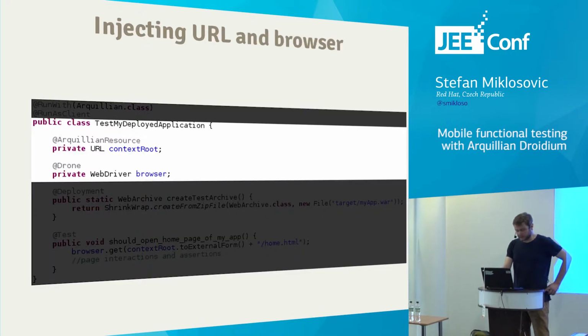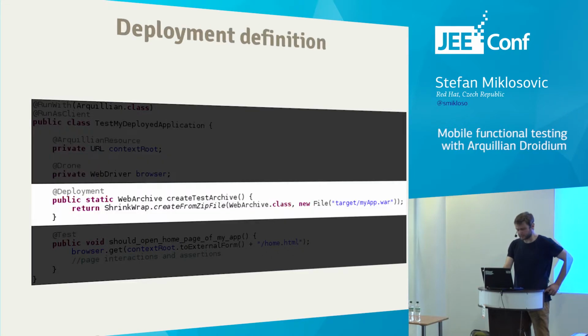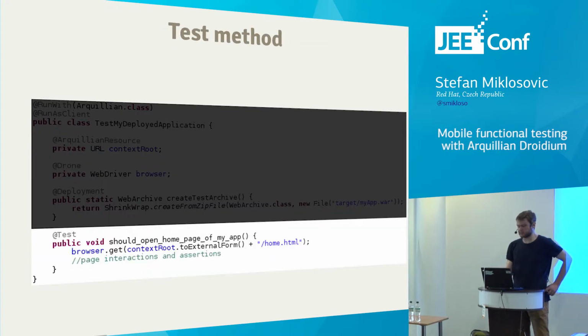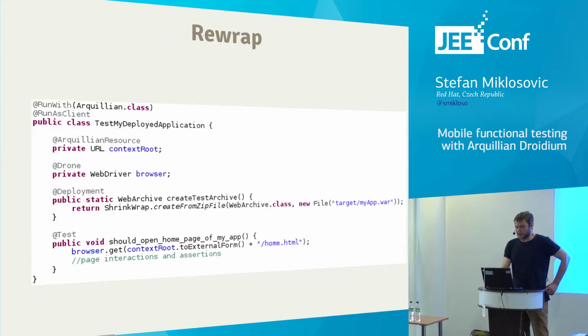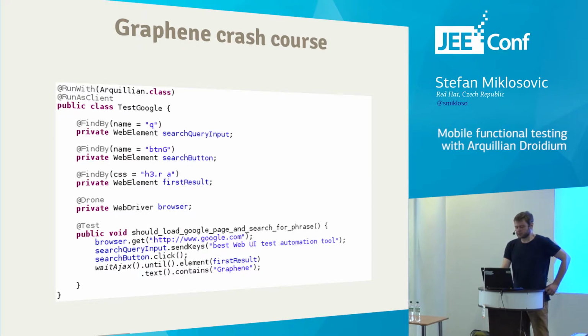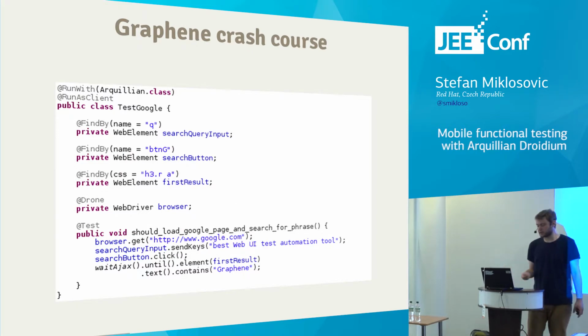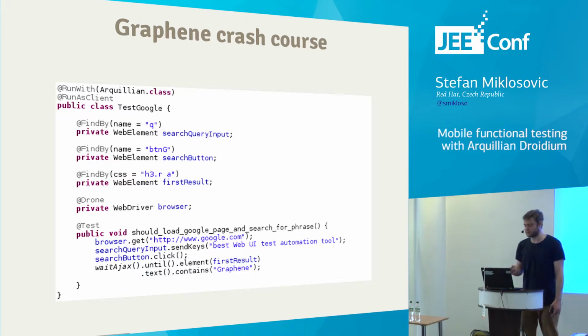Once again, injections, deployment method, test method. This is the basic structure of the Arquillian test as such. When it comes to usage of Arquillian Graphene, we are writing functional tests, so we are going to test some functionality, or how some application works.